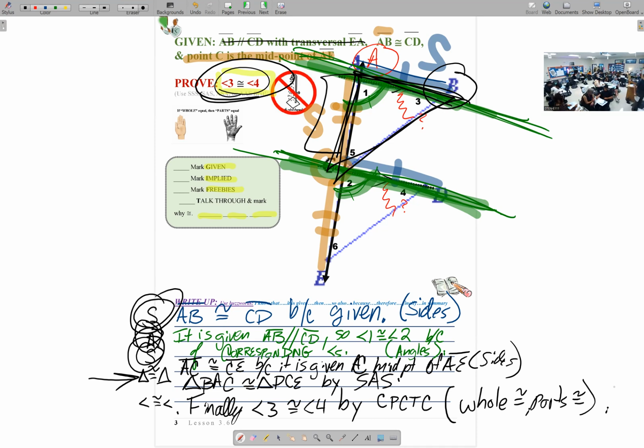Where's the angle? Angles 1 and 2. There's an A. So why are 1 and 2 equal? Vertical angles. Now then you say, equal parts equal.